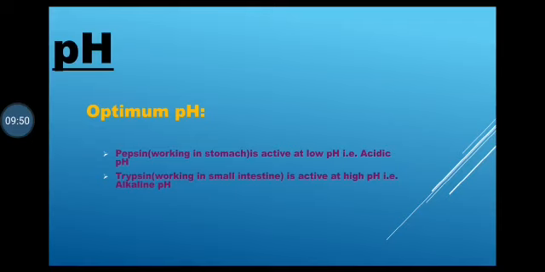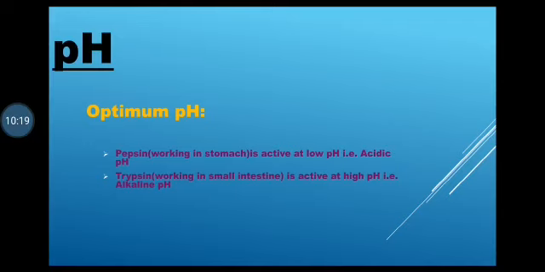For example, pepsin is an enzyme that digests proteins. It works in the stomach, and the pepsin enzyme becomes active at low pH, that is, acidic pH. You will learn further in the chapter on digestion how pepsin becomes active in acidic pH.